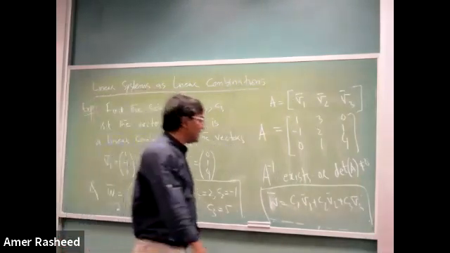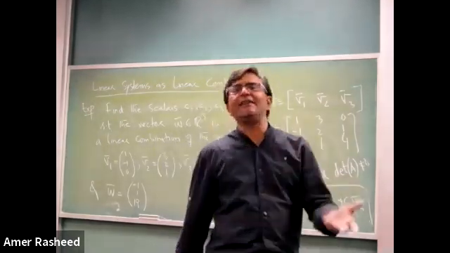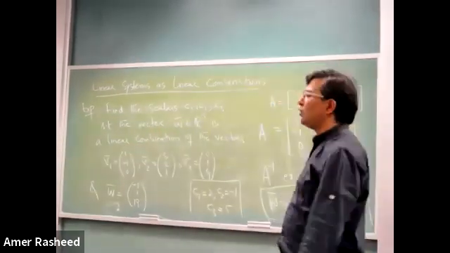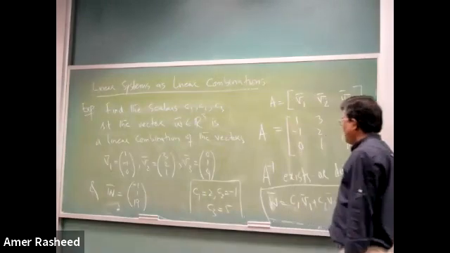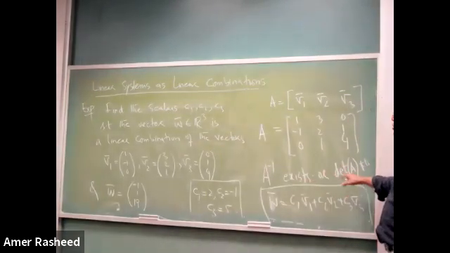Is there any other method to check whether we can write B as a linear combination of the vectors V1, V2, V3? We have studied many other methods. One is that A inverse exists, or the determinant is not 0. What else could it be?